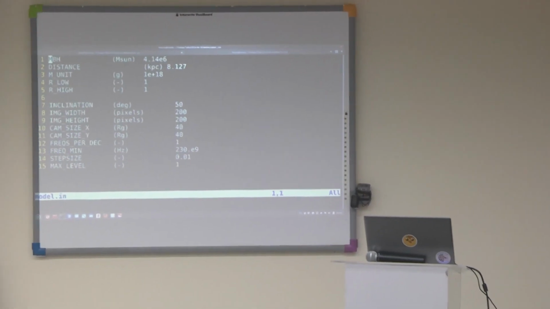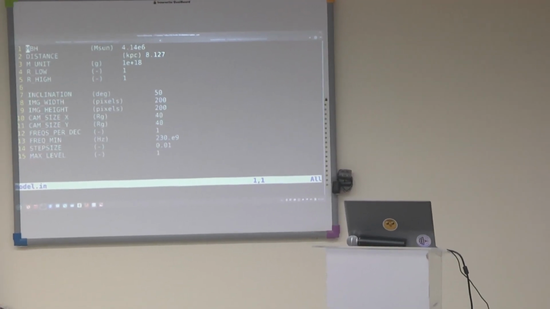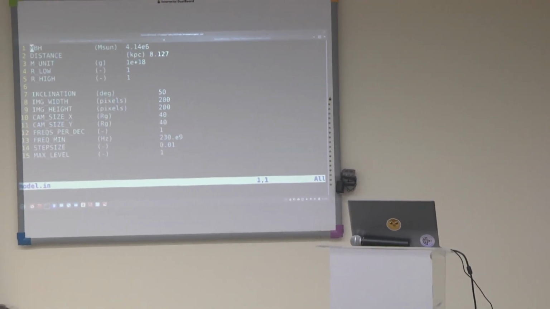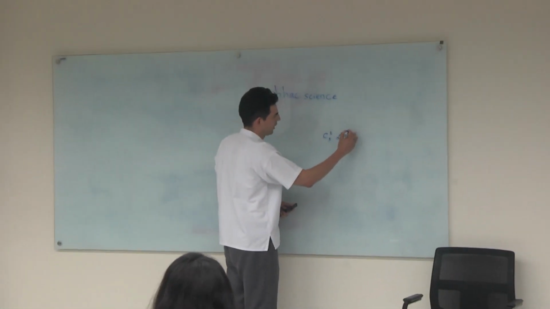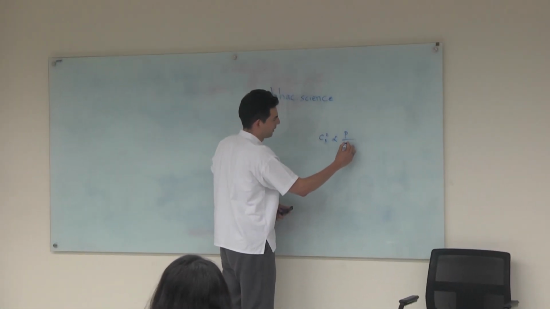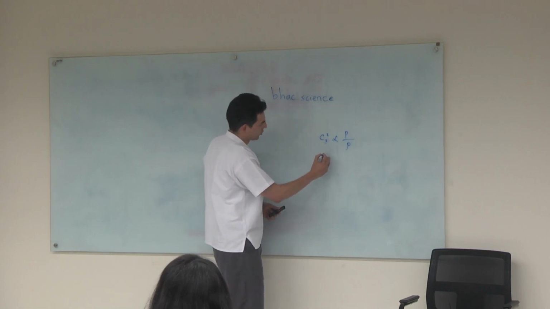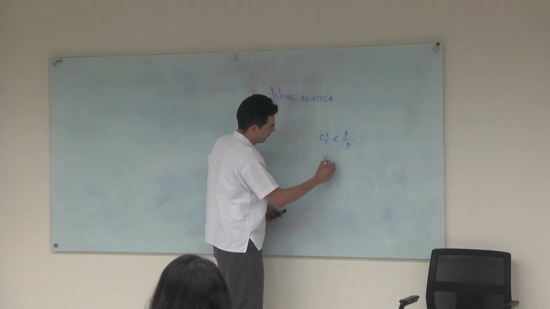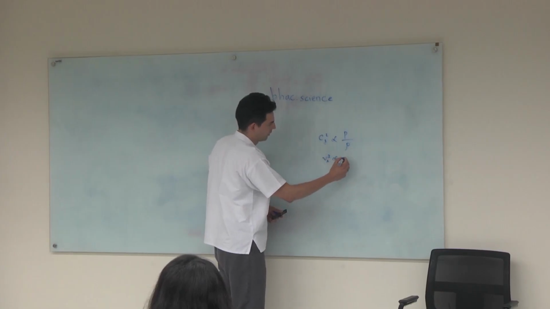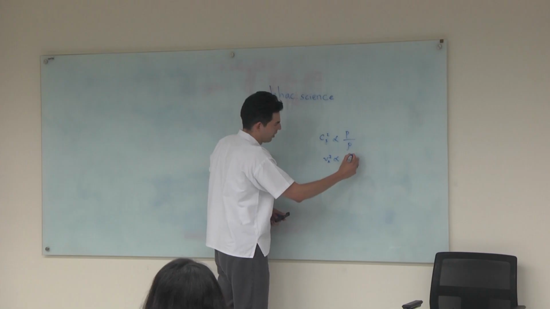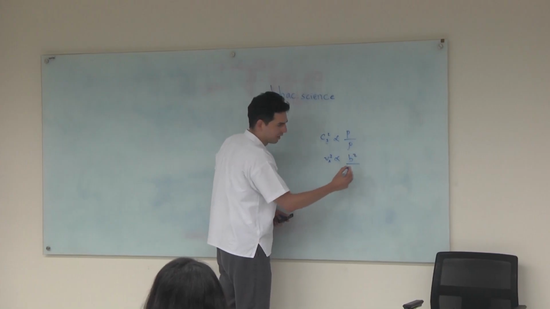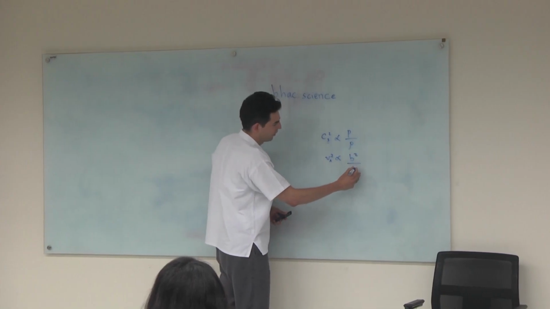The sound speed squared is proportional to the ratio between pressure and density. Something else that we get is the Alfven speed, which is proportional to the ratio between the magnetic field in the fluid frame and density.